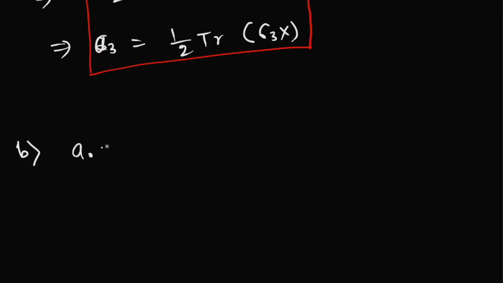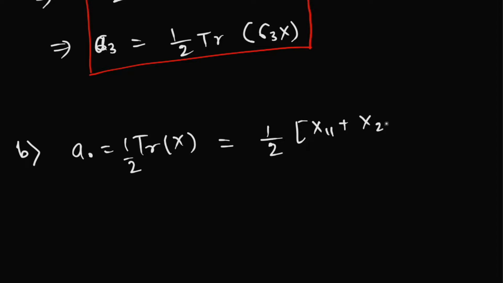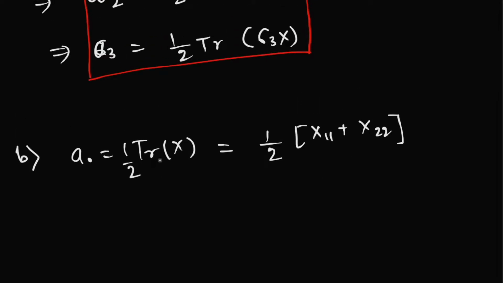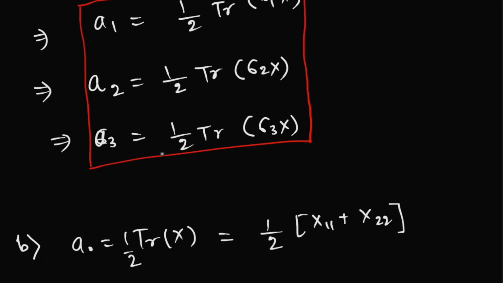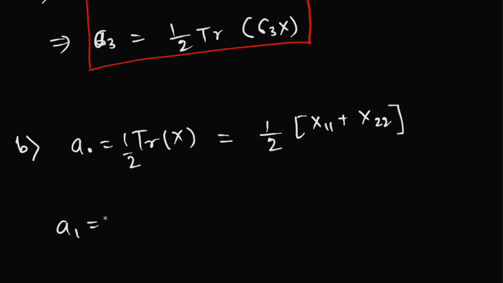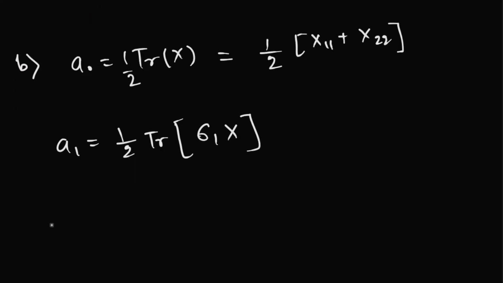That means a0 equals trace of x into half, that equals half of x11 plus x22. Now let us see what is the value of a1. a1 equals half of trace of sigma 1 into x.